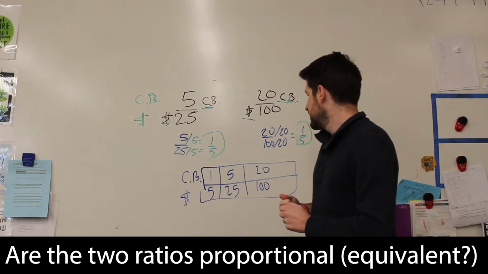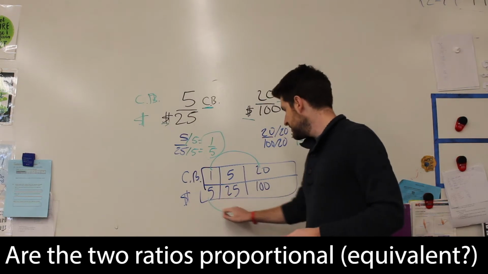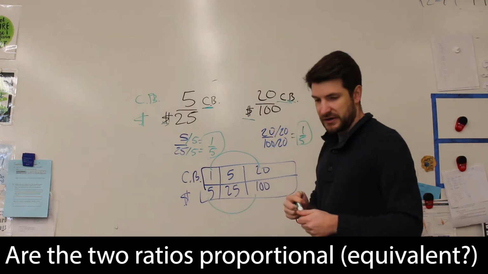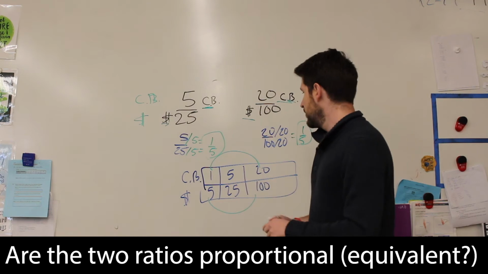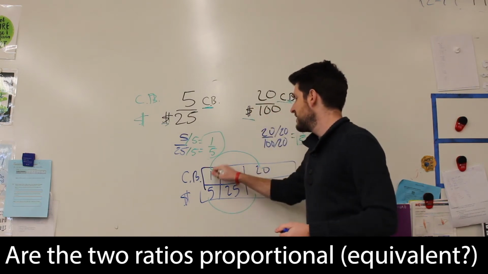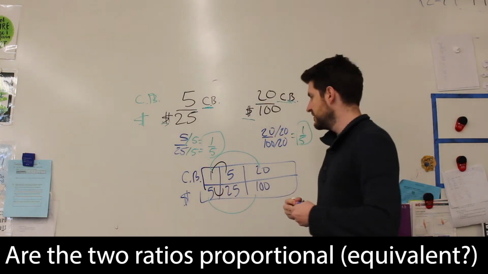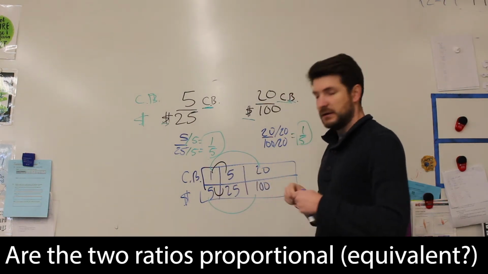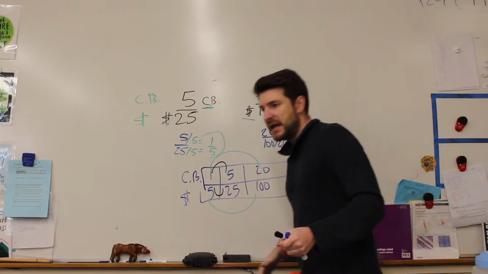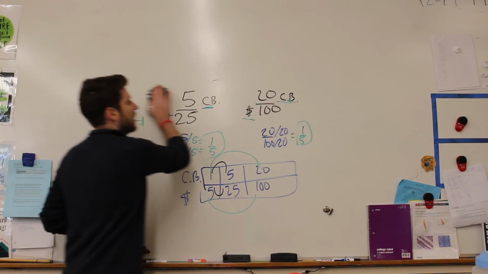Absolutely. 1 times 20 is 20, 5 times 20 is 100. 1 times 5 is 5, 5 times 5 is 25. Remember, these have to be the same. So yeah, that works.